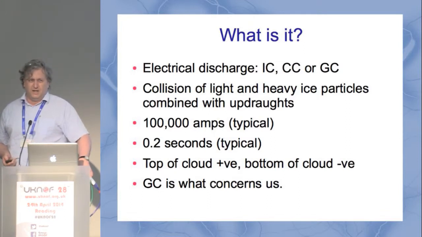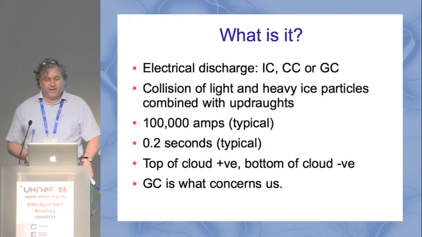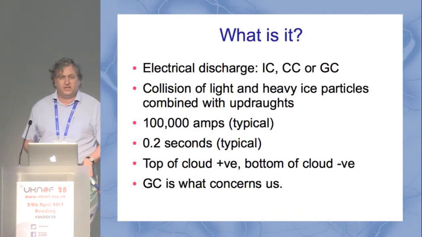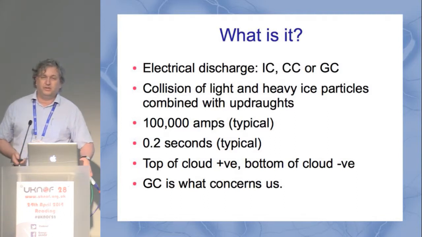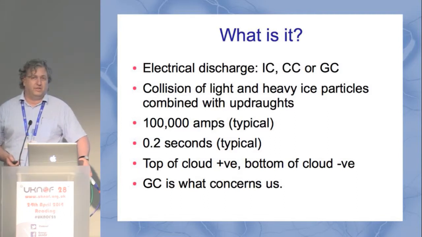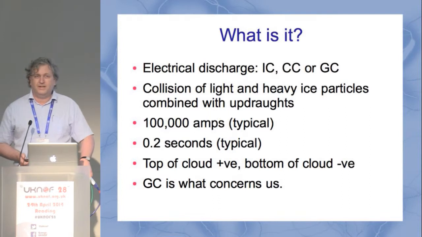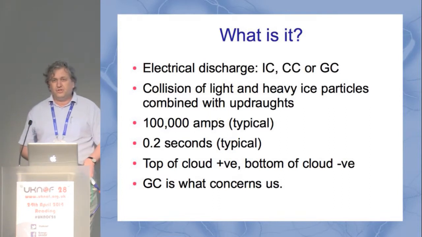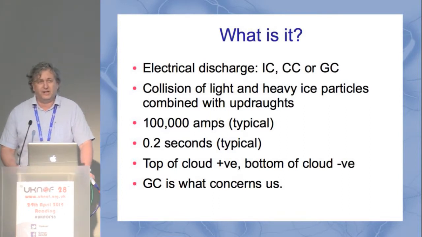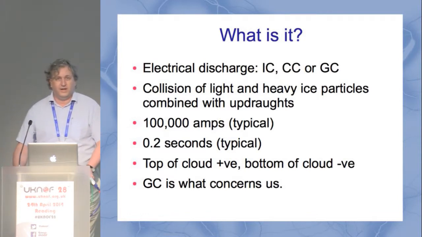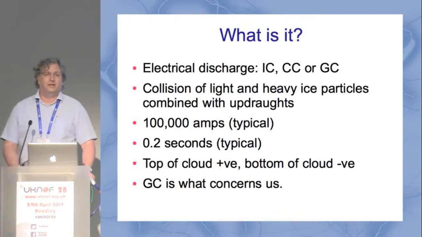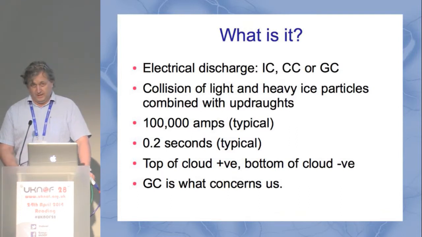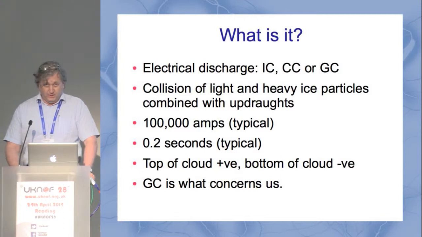Nobody really knows what causes lightning, but what they think is that the collision of light and heavy ice particles, the light ice particles end up with a positive charge, and the heavy ones end up with a negative charge. And then the updrafts within a cloud actually carry the light ice particles to the top, which acquires a positive charge, and the bottom end of the cloud acquires a negative charge as all the heavy ice particles fall to the bottom.